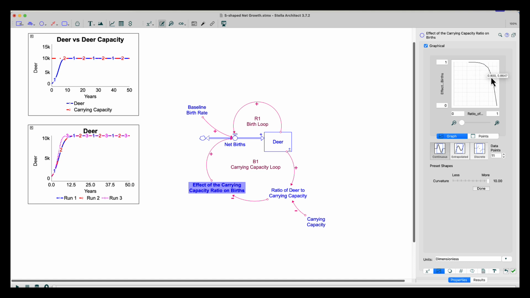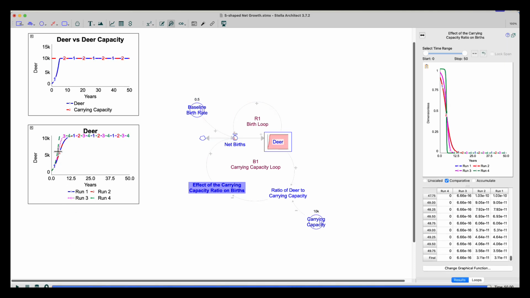And then as I get up to 80%, I'm starting to see a 10% decline in the birth rate, and then as I get to 1, the birth rate is really falling off. So I anticipate that it could grow even faster is what's occurring. The effect isn't kicking in until later, until the deer are approaching that carrying capacity. Again, the definition of a nonlinear function. And you can see it goes up to the green line here and cuts over.